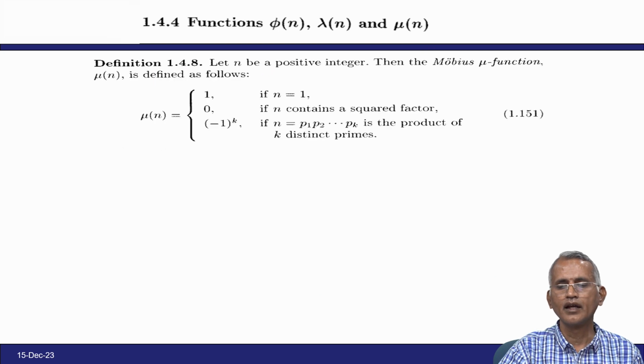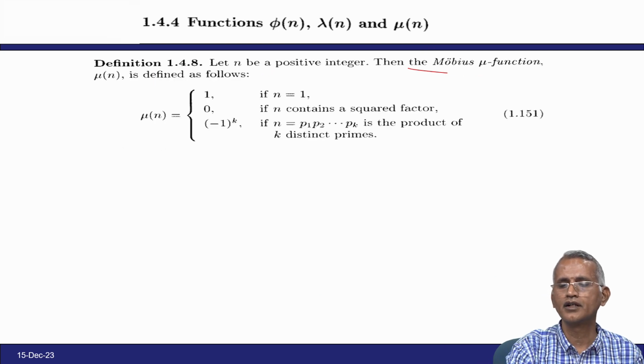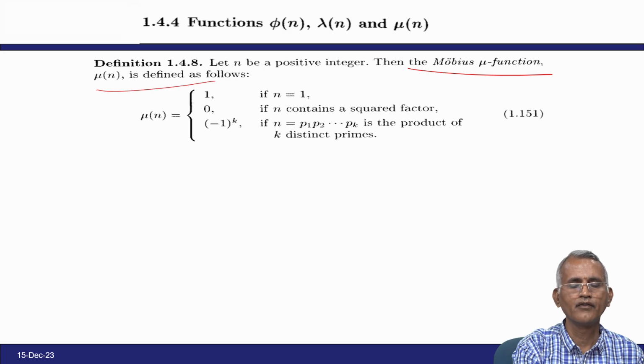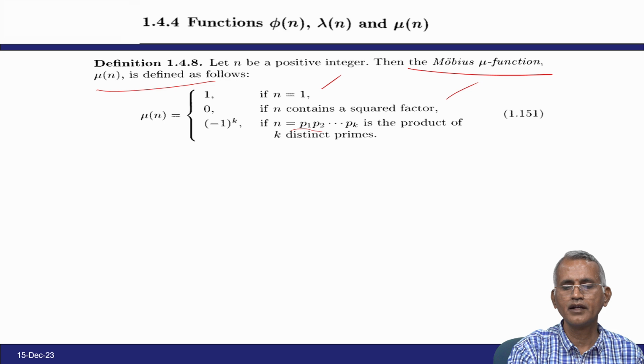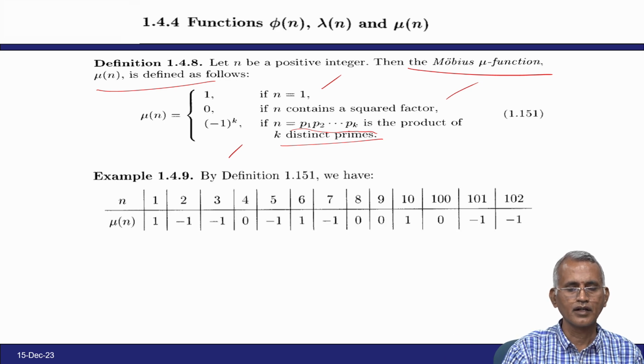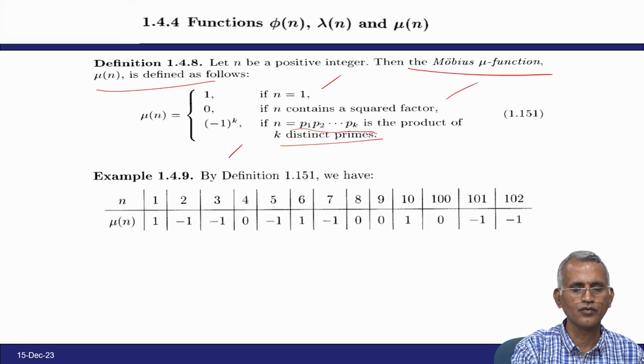So, in this way we can define the Mobius mu function. Mu of n is defined as follows: mu of n equal to 1 if n equal to 1; if n contains a square factor it becomes 0; if n is a product of k distinct primes, then mu of n equal to minus 1 whole power k. For example, if you take n equal to 1, obviously 1 will come.